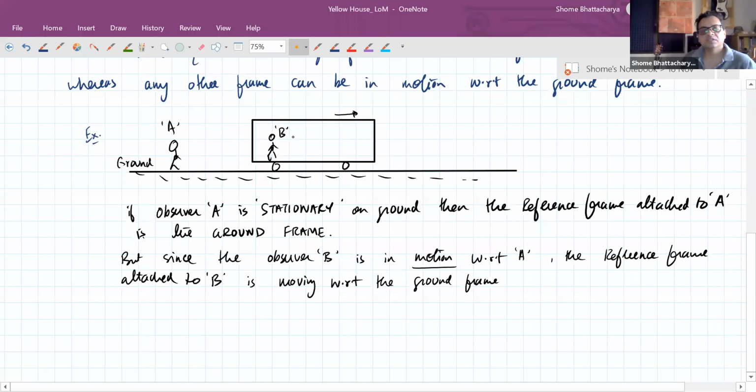So if there is a reference frame attached to B, this becomes a moving frame, whereas the reference frame attached to A is the fixed ground frame.